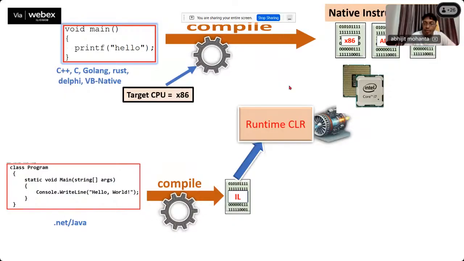This is in case of .NET. In case of Java, there is the JVM, Java Virtual Machine. These common language runtime or JVM translate the intermediate language instructions to native instructions and then execute them.